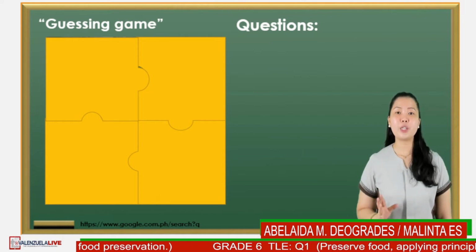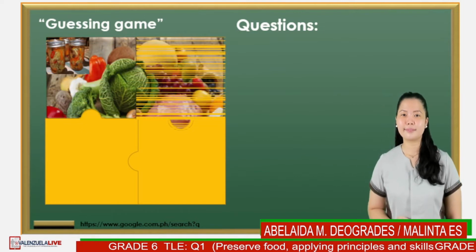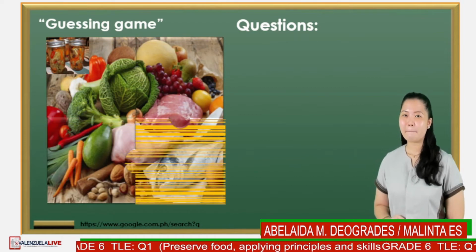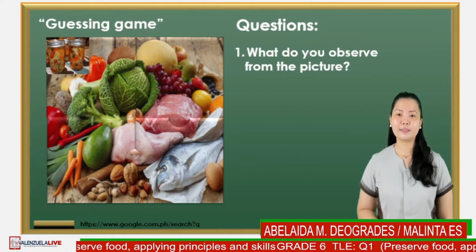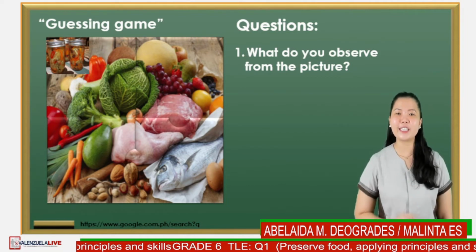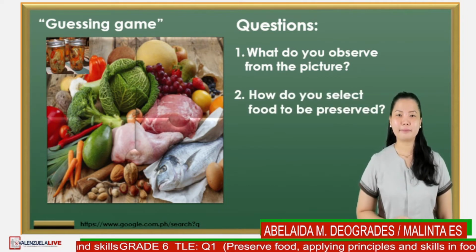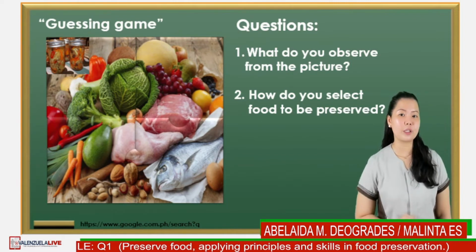Solve the puzzle picture and identify what it is. Questions? What do you observe from the picture? Very good. It is food. Number 2. How do you select food to be preserved?